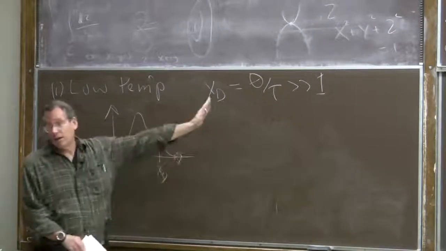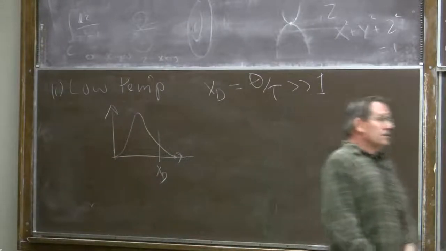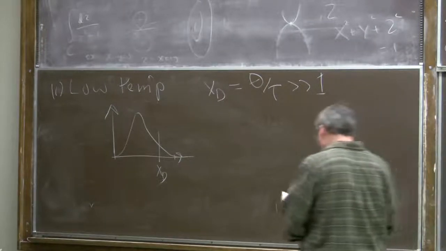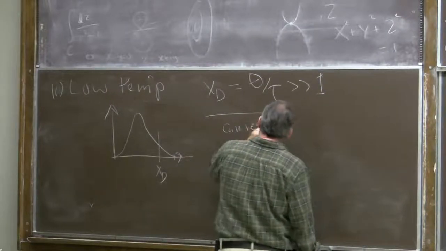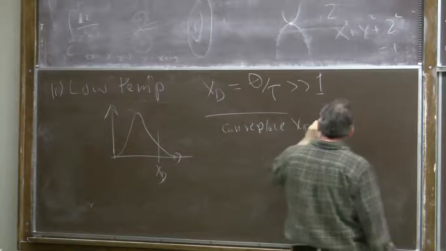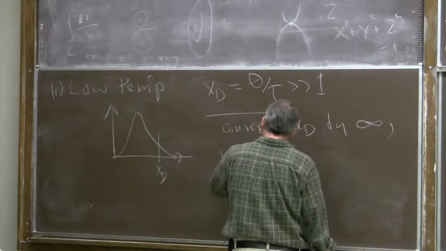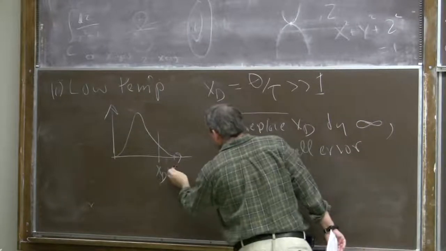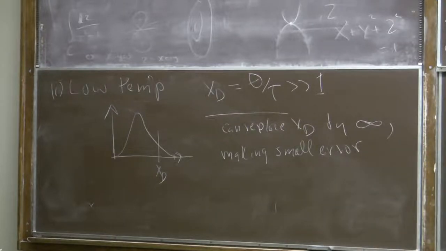So we make a very small error by extending the upper limit from x Debye to infinity, except for some exponentially small error coming from this small tail. And so it's the integral we did last time for black body radiation, the integral of the whole black body spectrum.